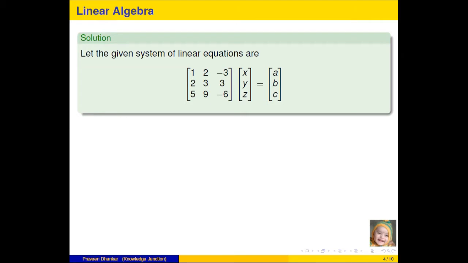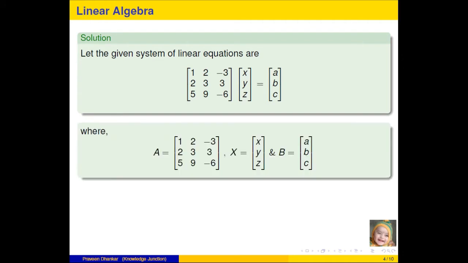Let the given system of linear equations be written in the matrix form as AX equal to B, where A is the coefficient matrix, X the variable matrix, and B the constant matrix.